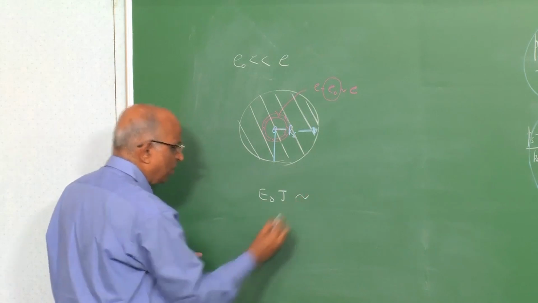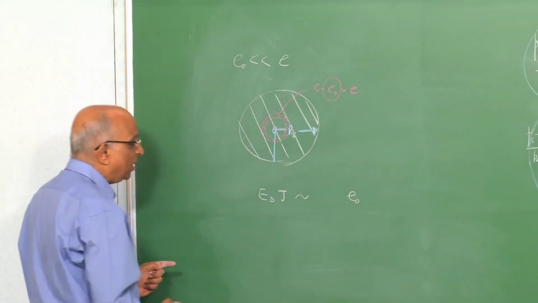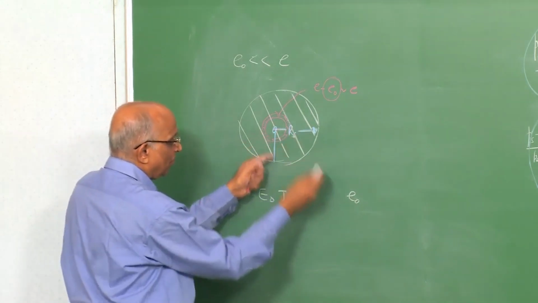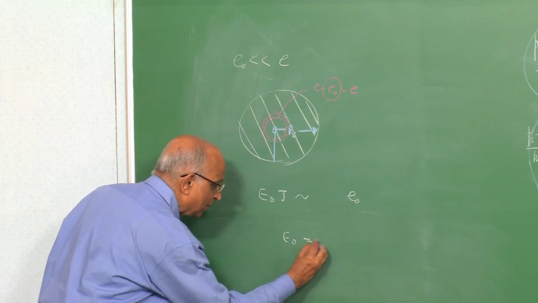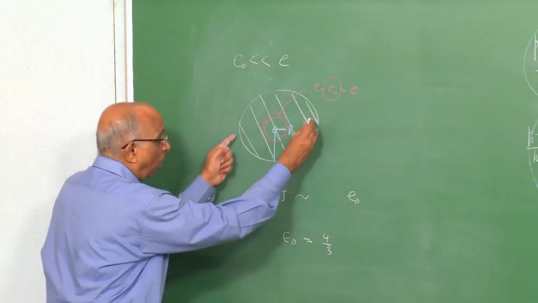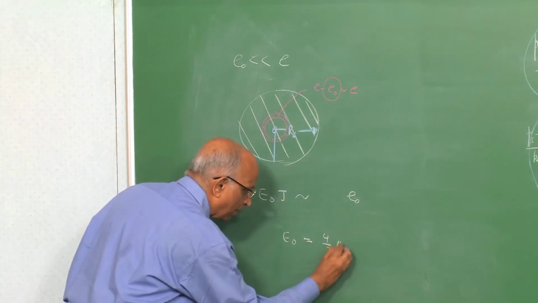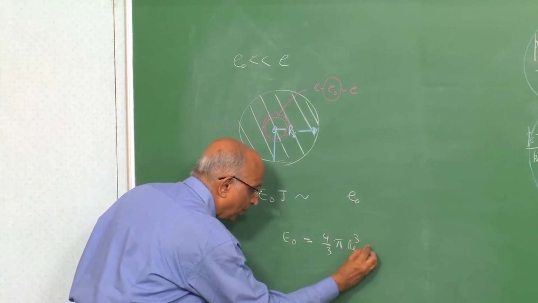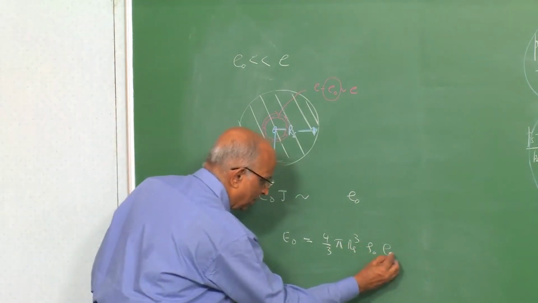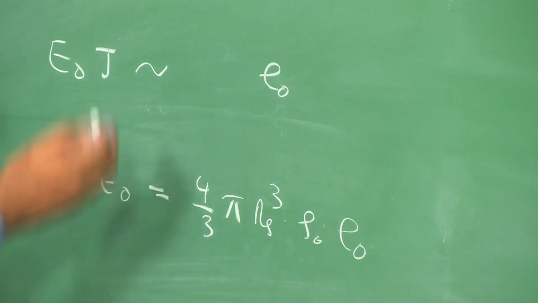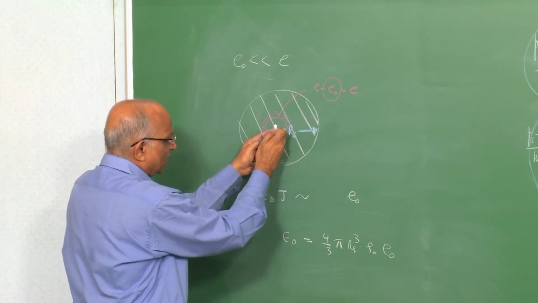E 0 joules must be of the same order as the internal energy E 0 of the medium, but the internal energy of the medium is per unit mass. Therefore, we tell ourselves E 0 is equal to 4 upon 3 pi into Rs cubed, that is the volume occupied within the lead shock wave, into the density, which is the mass which is available here, into E 0. That means the internal energy of the medium here is of the same order as the energy release.